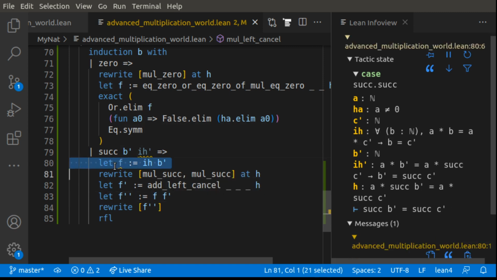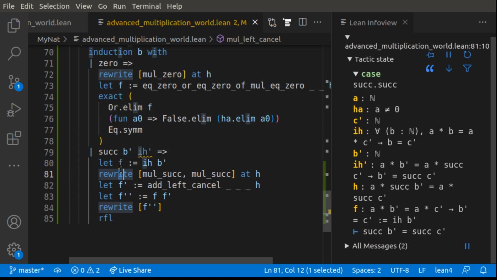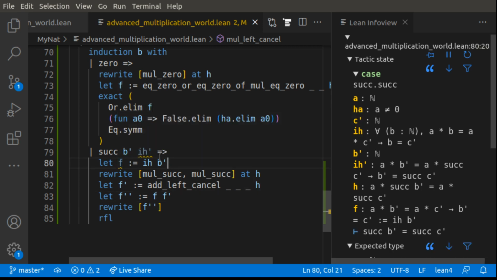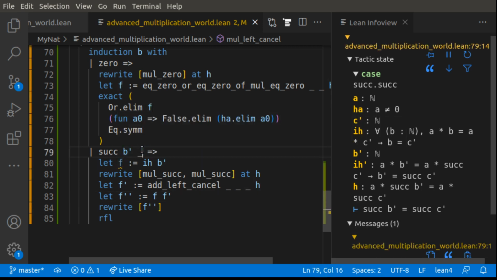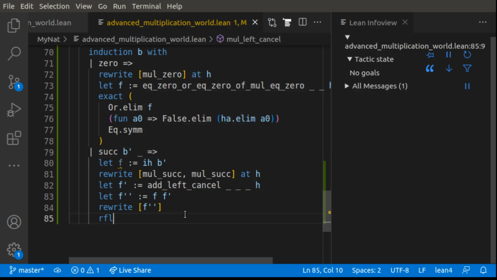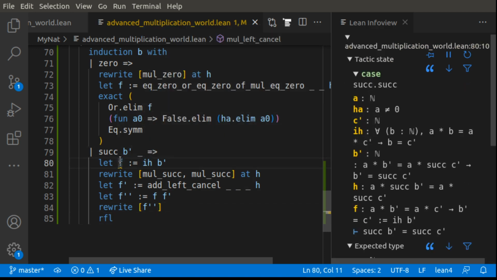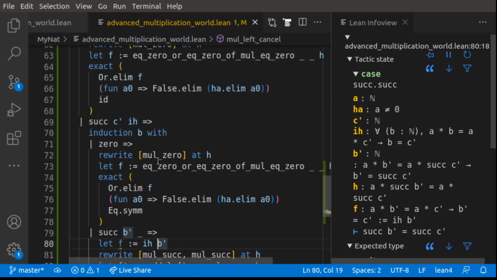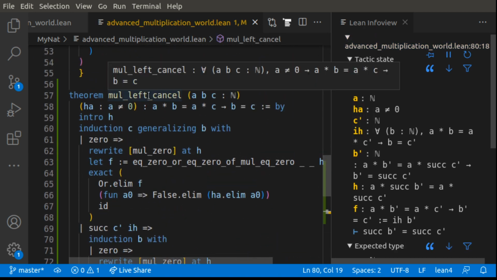Oh, it's a different F. It's a bit confusing. Okay, well, if I do this, oh, that makes sense, but why is this F unused? Now is this working?